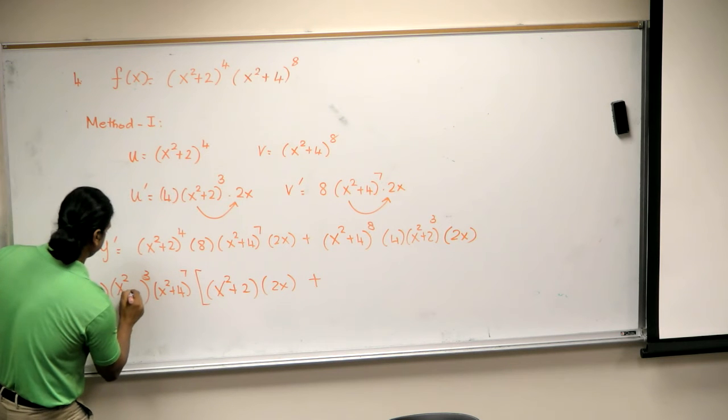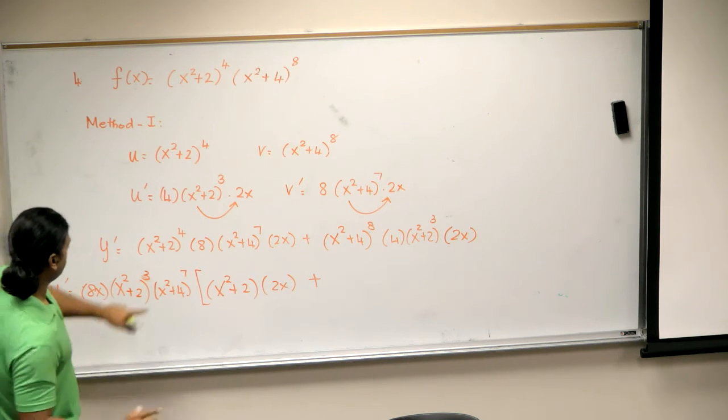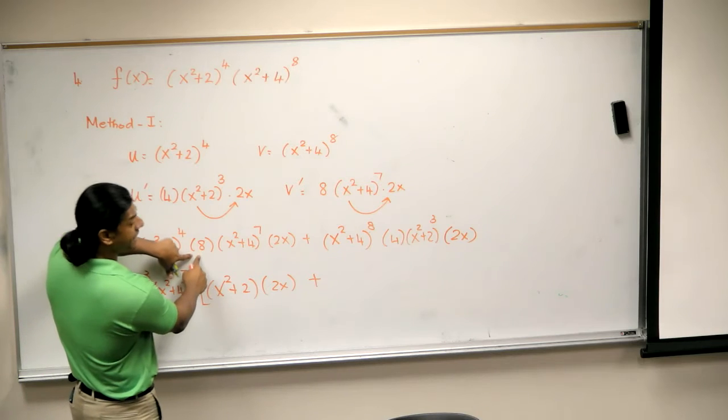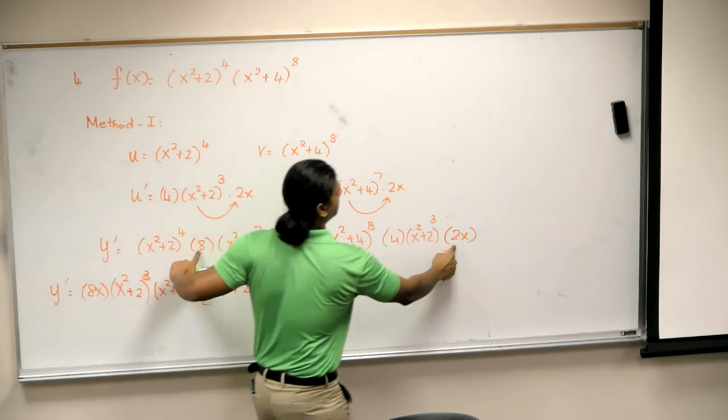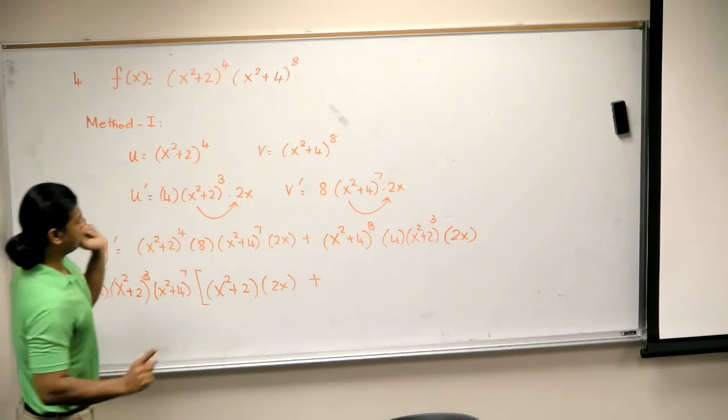How'd you get the 8? 4 times 2, 8. So 8x is in common.